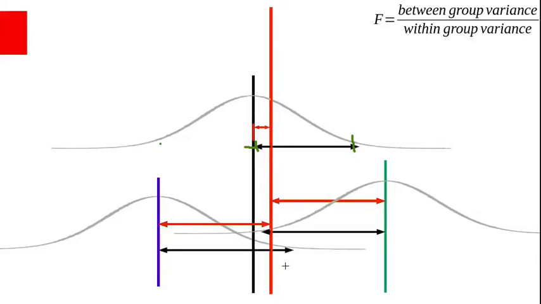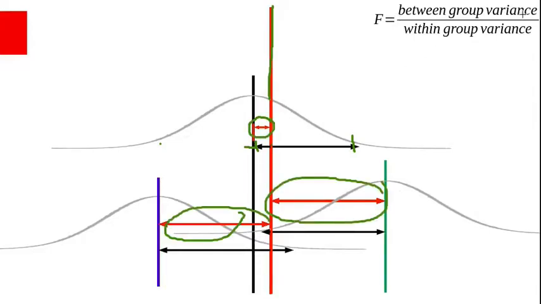Suppose the overall mean of all these three sample means is somewhere here, the red line. To calculate between group variance, you have to find the difference between this overall mean and each individual group mean, and take the overall sum value. And to calculate within group variance, you have to take the variance from each mean.